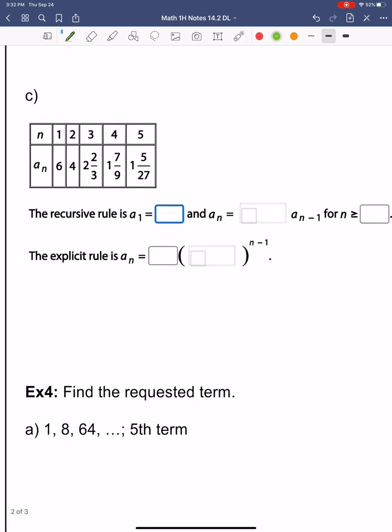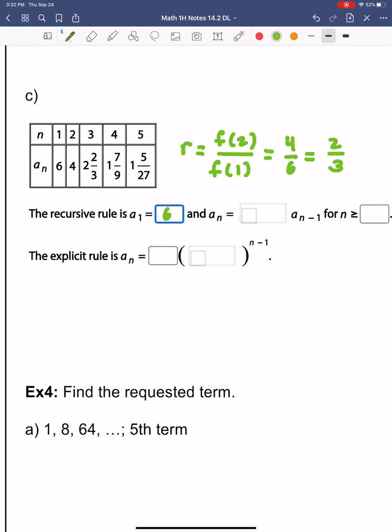Keep it going here to letter C. Once again, I can't quite tell what my r value is here, so I'm going to use that formula again. r equals F2, the second term, divided by F1, the first term. That's 4 over 6, which is 2/3. Okay. And now it says A1, well, that's going to be 6.